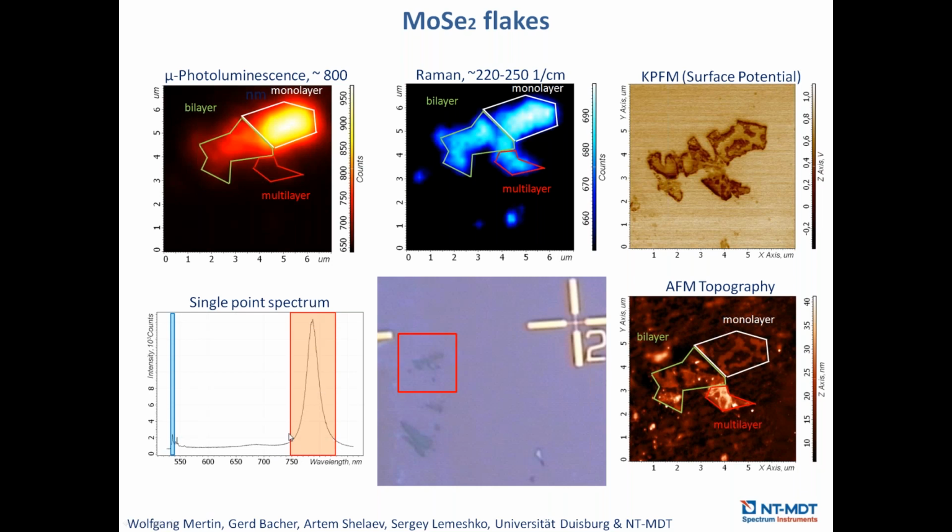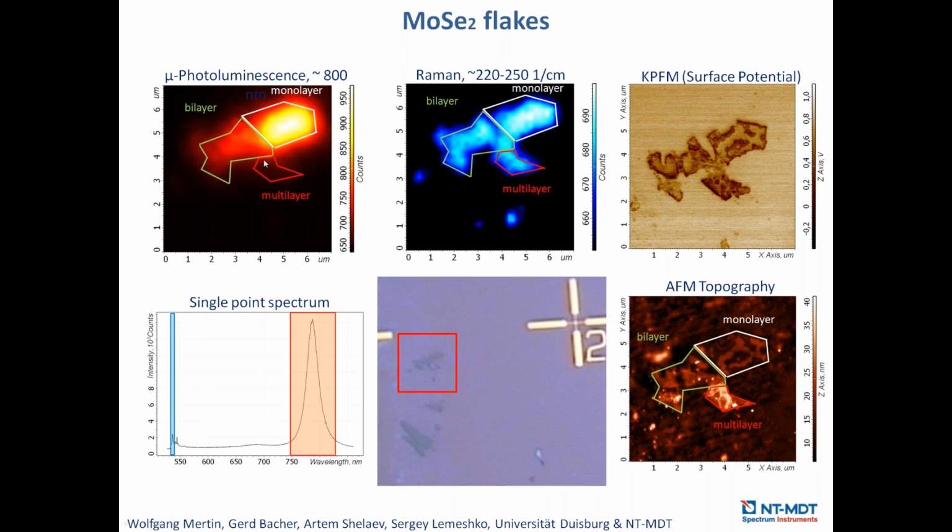So near infrared photoluminescence. And when we make a mapping, we can see that the monolayer produces a very strong photoluminescence, which is caused by direct band gap. And for bulk materials, there is no photoluminescence because it is an indirect band gap semiconductor. And the bilayer region is somewhere in between.